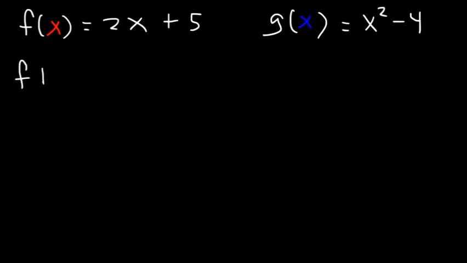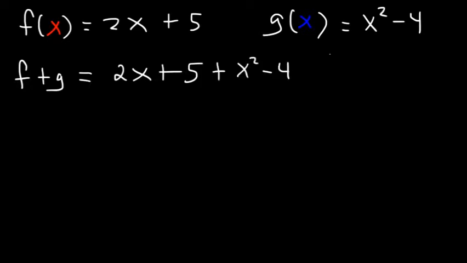So what is f plus g? What's the sum of the two functions? All you got to do is add them. 2x plus 5 plus x squared minus 4, and combine like terms. So all we can combine is 5 and negative 4, which adds up to 1. So it's x squared plus 2x plus 1. And so that's the sum of f and g.